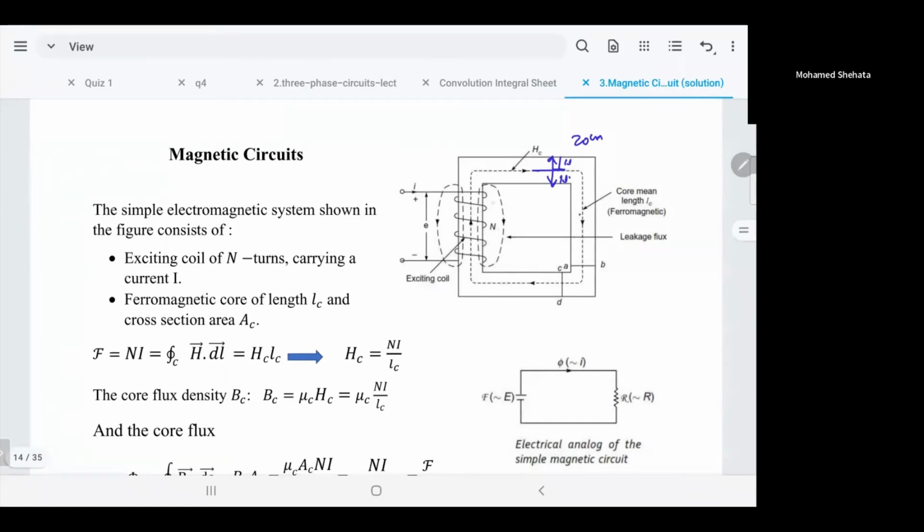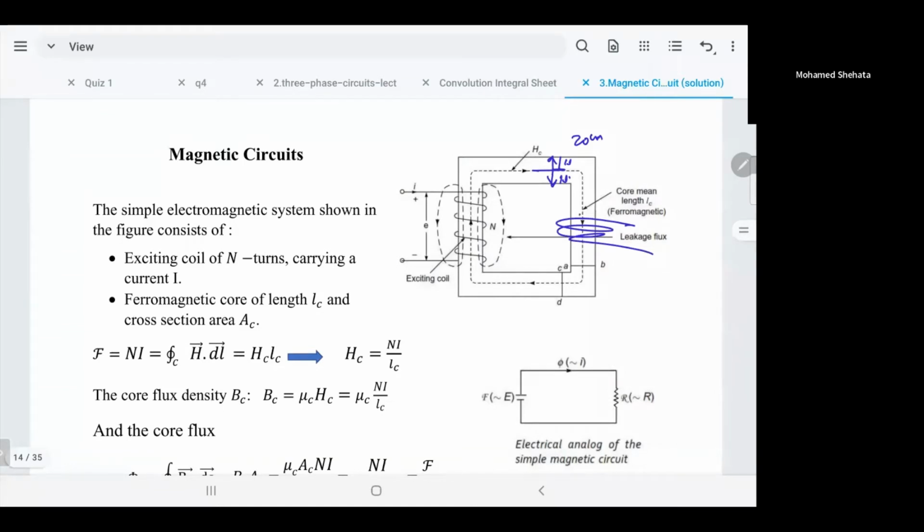What about these small circles around? Because I told you, magnetic fields are everywhere. The magnetic field lines that are not inside the core, we call leakage flux. Why? Because we are not going to use it. In the future, we are going to have another coil here, so we use this magnetic field in the transformer to tie between the two coils.